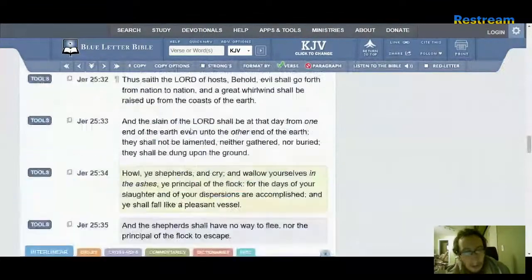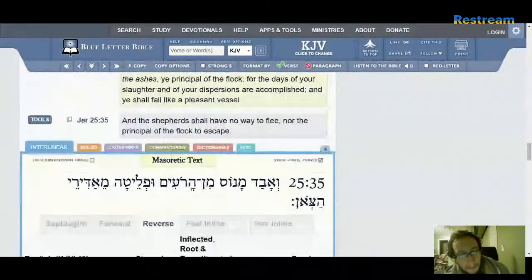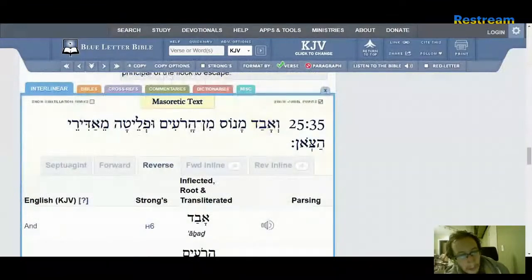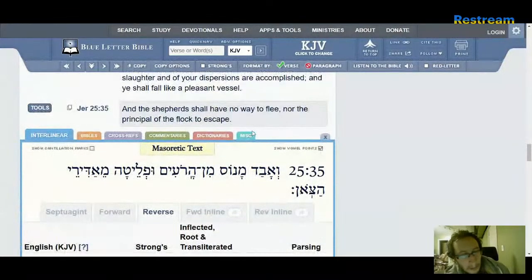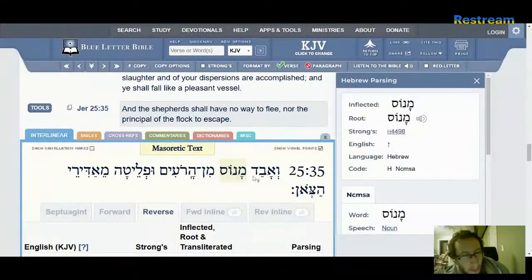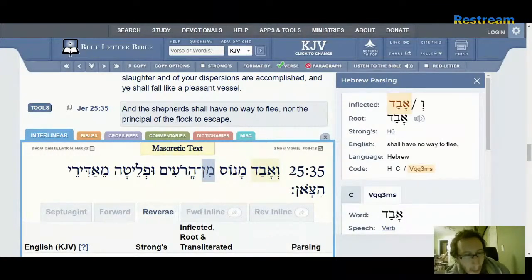Okay, so the more literal translation here would be "and escape" essentially. It's saying escape will be destroyed. So there won't be a way to escape because the escape will be gone, is what it's saying.